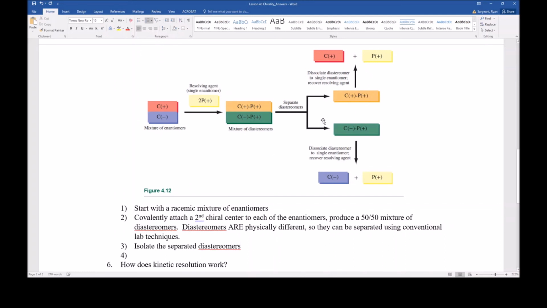And so here now we've separated the two. One of the diastereomers came off first, and if you know the chemical structure, you can kind of guess based on an understanding of polarity which one might have come off first. But often it doesn't matter. You get one of them off, and then every chemical reaction is reversible. So if it was possible to add this second chiral center, then it should be possible, often with Le Chatelier's principle, to unadd it.